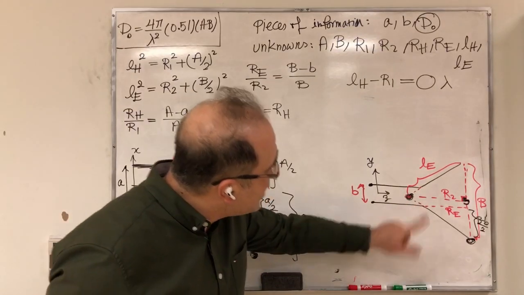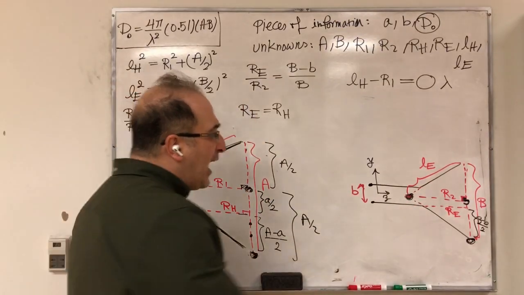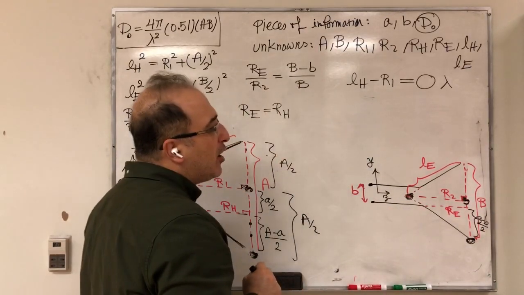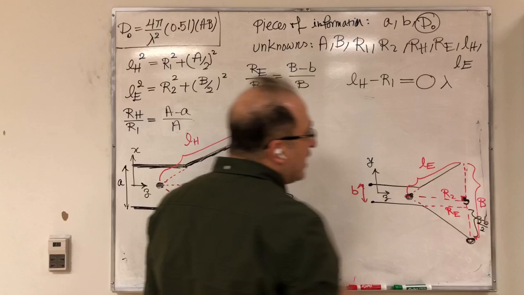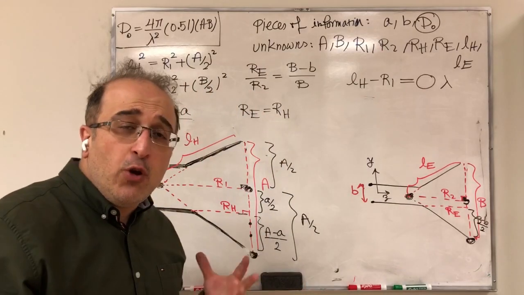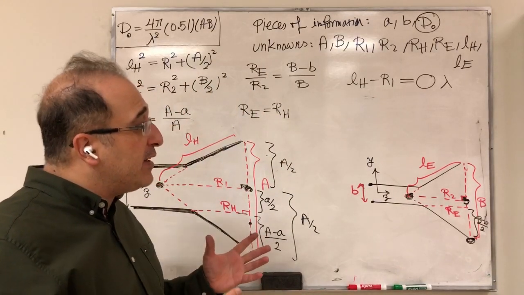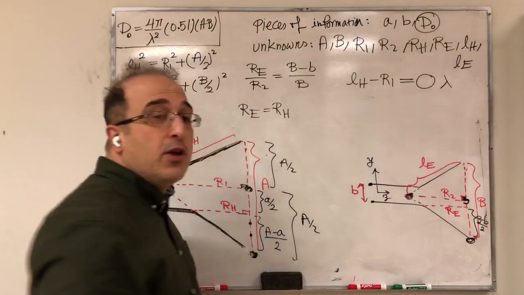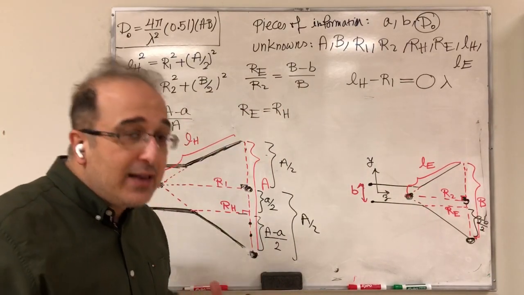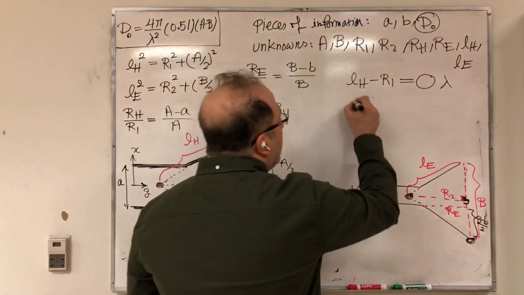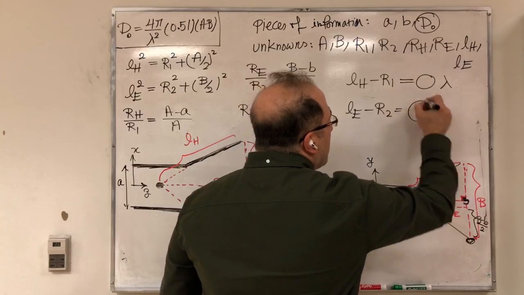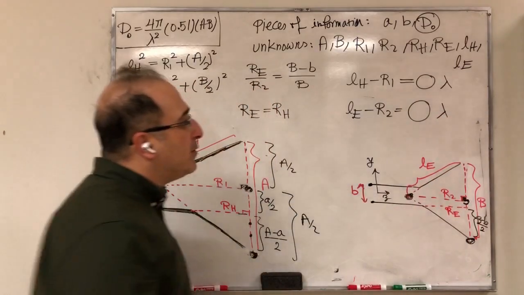So if you look at traveling here, at this point here, the shortest way to the aperture is R2, the longest way is LE. If they are too much different, then of course you're going to get a bigger aperture, but then you're going to have lots of out of phaseness. You want to balance them. So you would say LE minus R2 should be something times lambda.